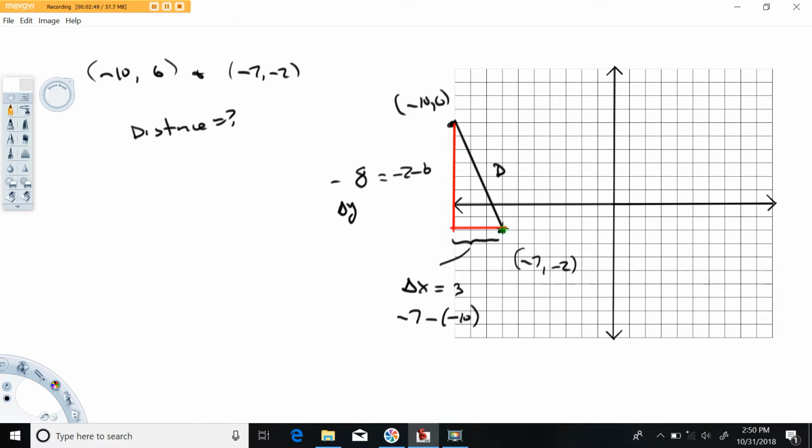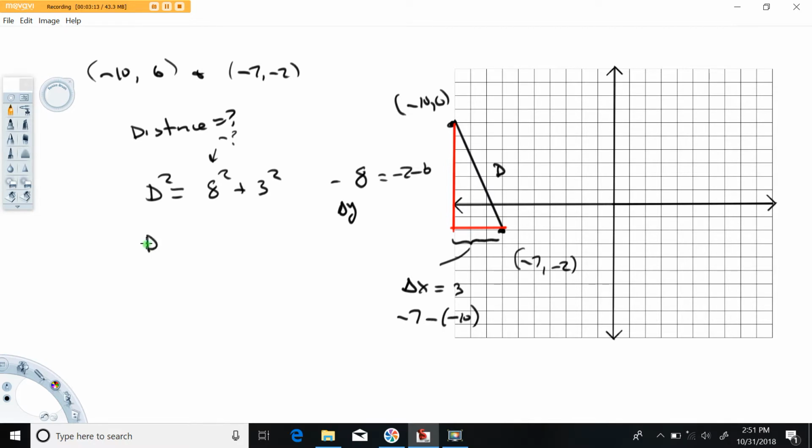Now what we'll do is we'll just apply Pythagorean Theorem. This distance squared is equal to 8 squared plus 3 squared. Now you might wonder, do I need the minus sign here? And the answer is no, because it's squared anyway. Even if you put the minus sign there, it's just going to square away. And generally speaking, in Pythagorean Theorem, these are just considered to be distances.